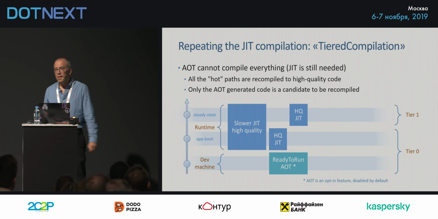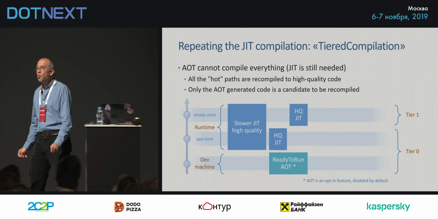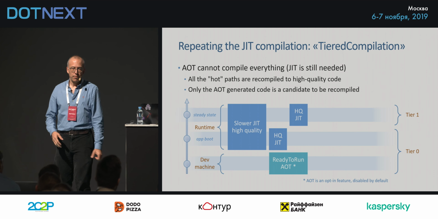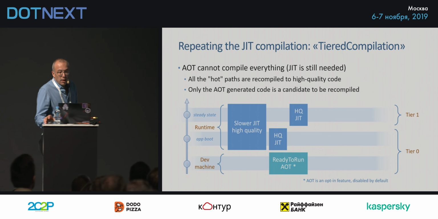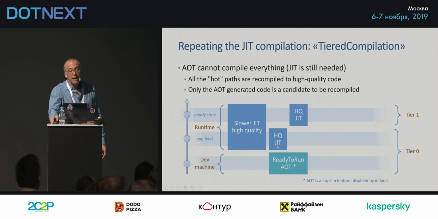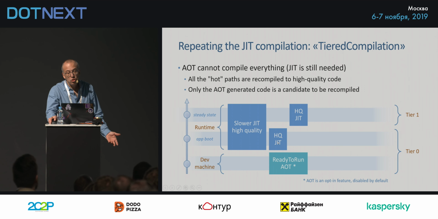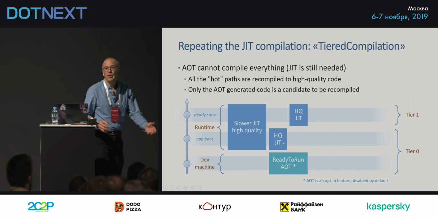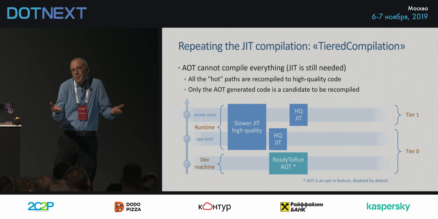The first is that if you publish ReadyToRun, so the AOT compilation, the methods that have not been compiled by the AOT will be immediately compiled with the JIT, with the slow JIT, let's say, at application boot time, of course, because they are not there, so they are required.